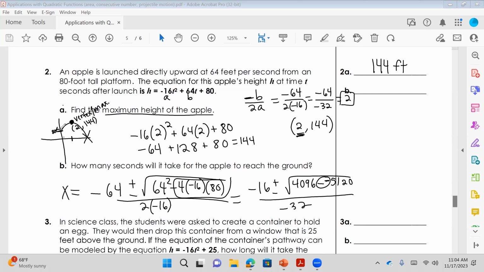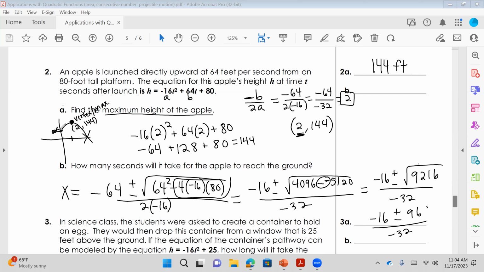This means we're going to add, so this will be negative 64 plus or minus the square root of 9,216, all over negative 32. Now, the square root of this is actually 96. So this is negative 64 plus or minus 96 over negative 32.